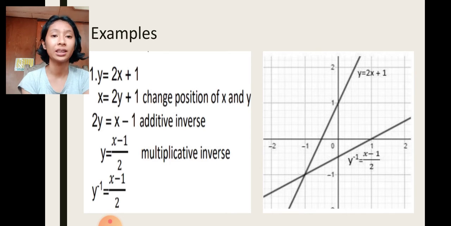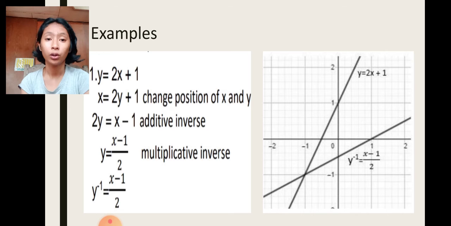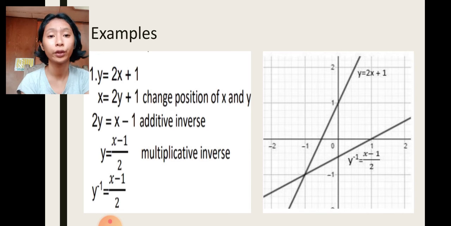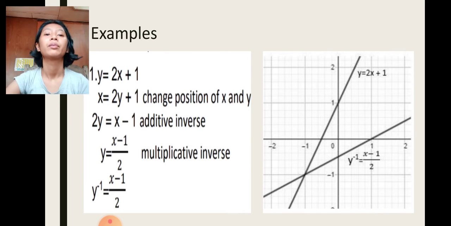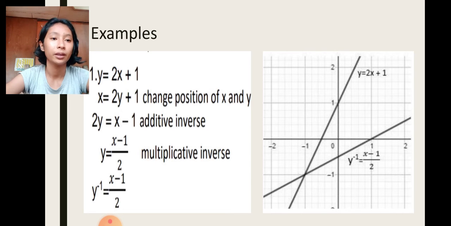So 2y is equal to x minus 1. Then we apply the multiplicative inverse, so we get x minus 1 over 2. So f inverse of x is equal to x minus 1 over 2. This is the graph.